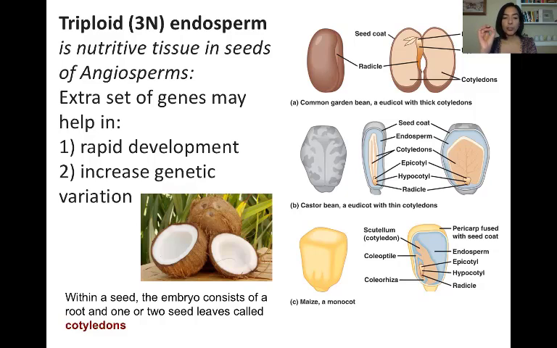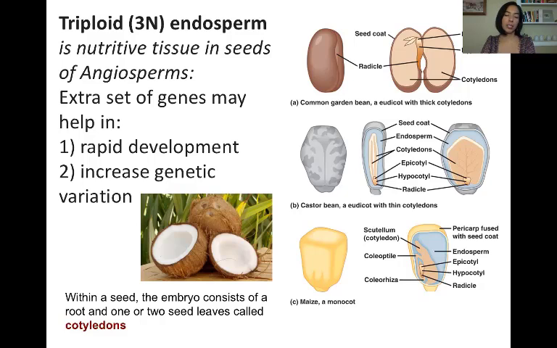Coconuts, for example, are angiosperms, and in particular, they belong to the monocots. That means that monocots are going to have one cotyledon. So this is a monocot, it's maize. They have one cotyledon or cotyledonary leaf in the embryo.